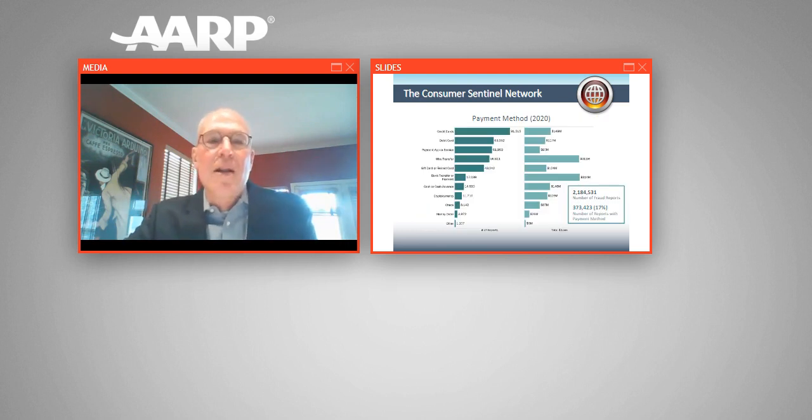So another type of information that we collect in our Consumer Sentinel reports is the method that was used to pay the scammer. And here's the data on the method of payment. The number one payment method last year was credit cards.